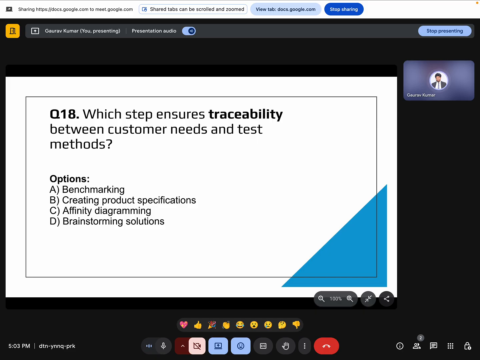For example, stable on wet tiles needs slip angle greater than or equal to 15 degrees: metric and target, tilt table test method. The other options, benchmarking, affinity diagramming, and brainstorming, do not establish this chain of evidence.